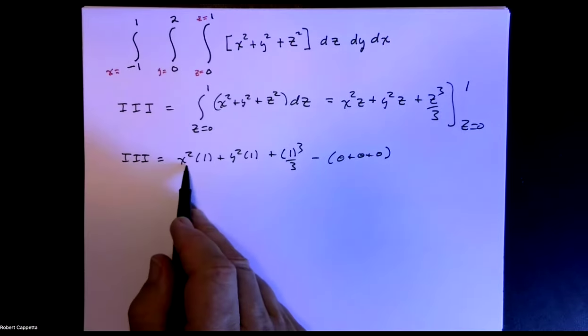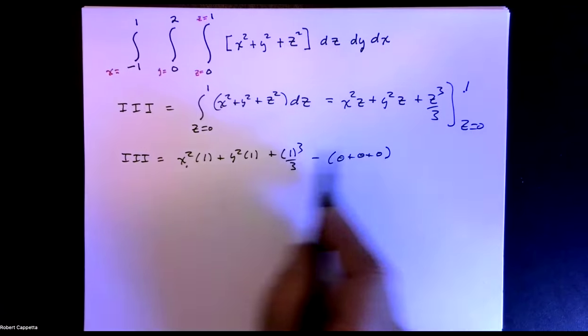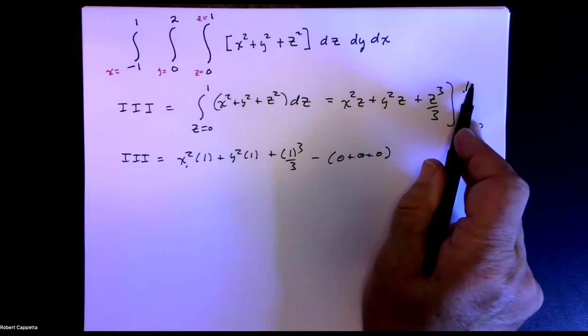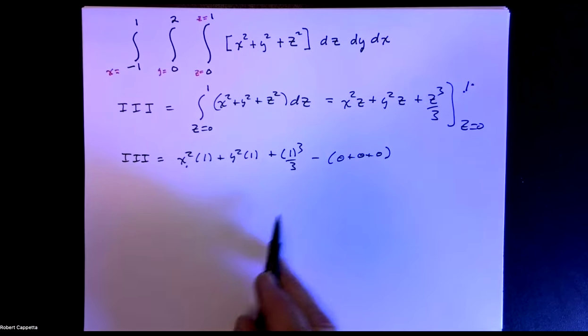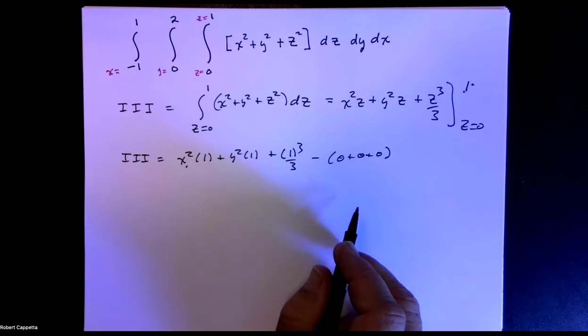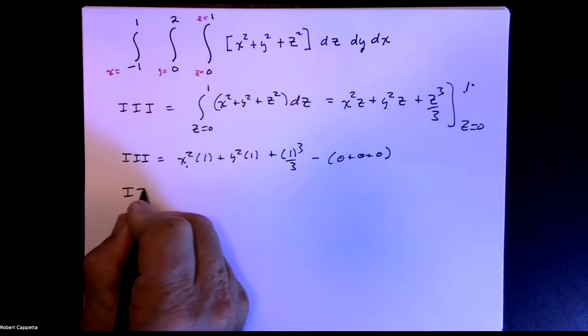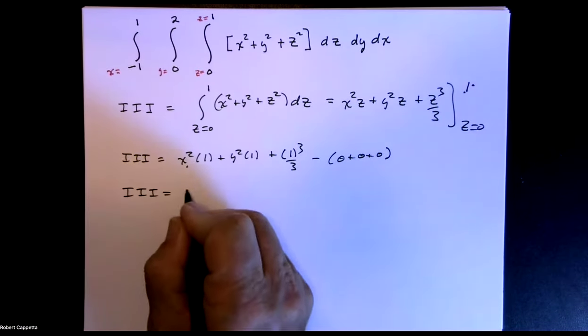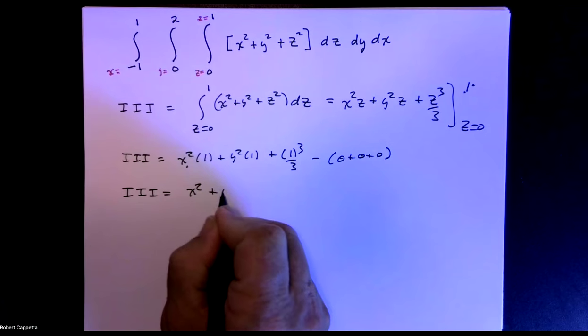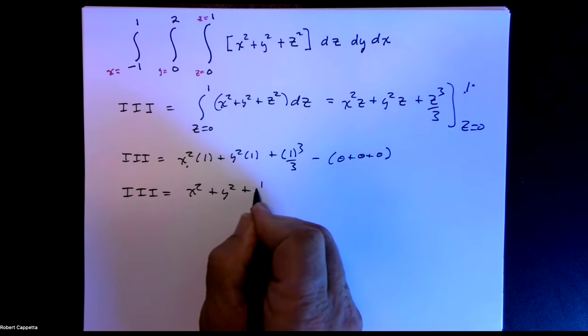And then doing that substitution, x squared times 1, plus y squared times 1, plus 1 cubed over 3, minus 0 plus 0 plus 0. And my innermost inner integral is simply x squared plus y squared plus 1/3.